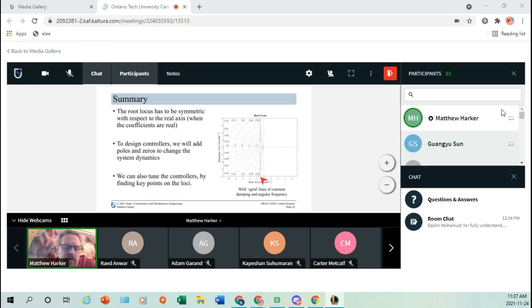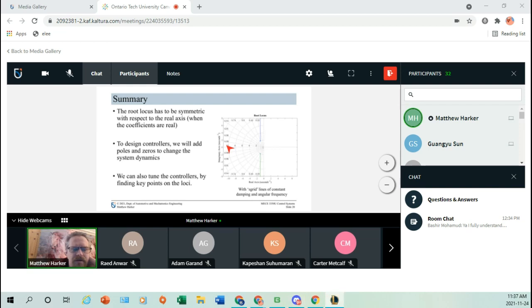So they could all be real, they could all be complex conjugate pairs, but basically, if you have a cubic, you either have 3 real roots or 1 real root and 2 complex conjugate, which means the pattern of poles and zeros in the complex plane is symmetric with respect to that real axis, which means that the root locus has to be as well. So that's just a reminder when you end up sketching the root loci that they have to be symmetric with respect to this axis here.